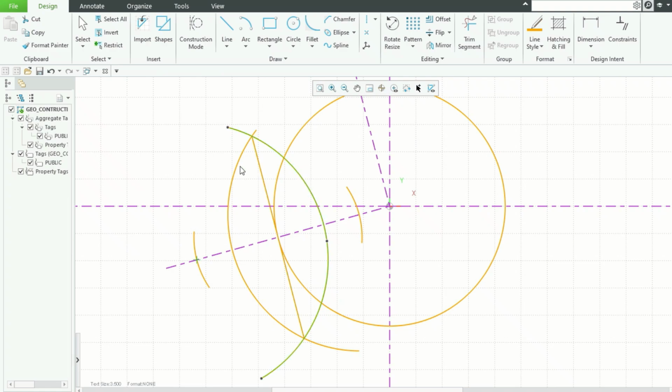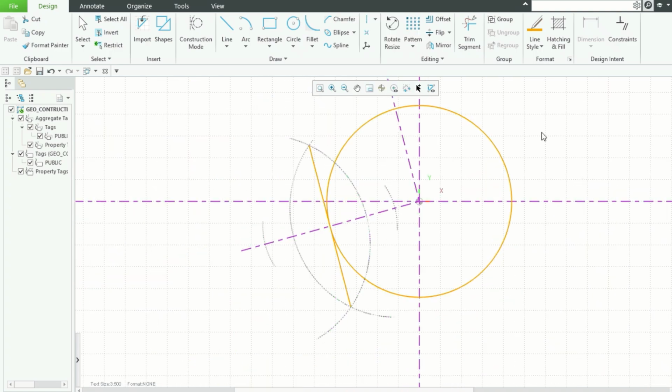Let's convert these lines into construction elements. Now we have the radius of the hexagon at 22.